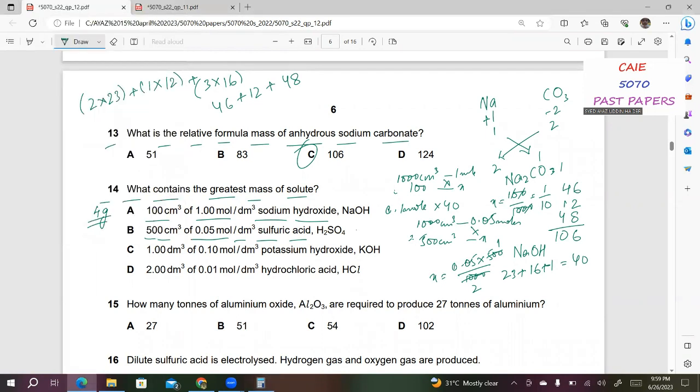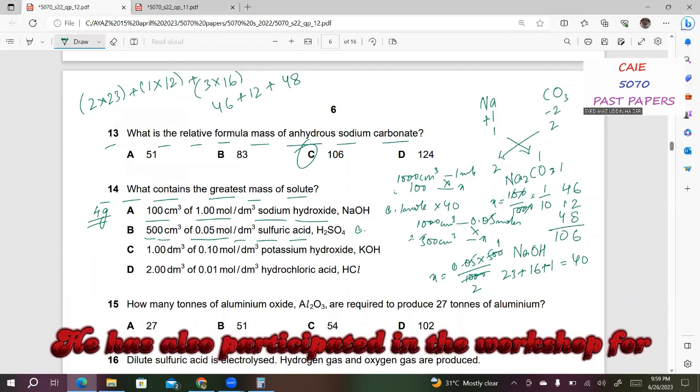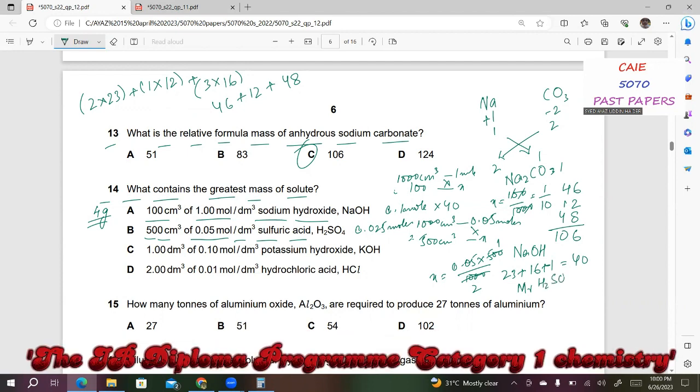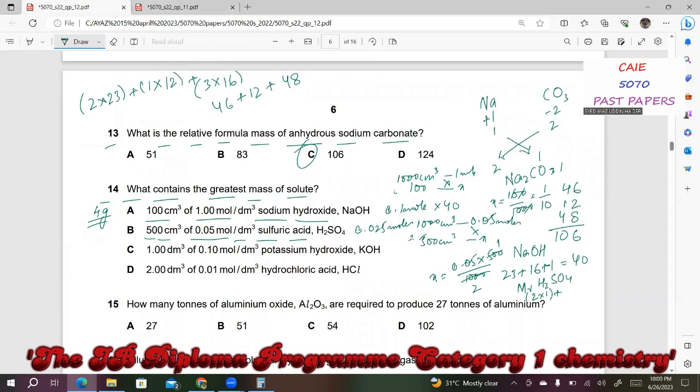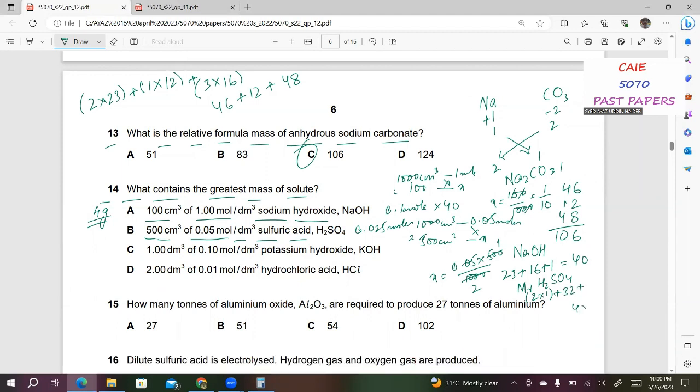0.025 moles of sulfuric acid. MR of sulfuric acid, H2SO4. AR of hydrogen is 1, so 2 multiplied by 1 is 2, plus sulfur 32 and oxygen 16: plus 32 plus 4 multiplied by 16.